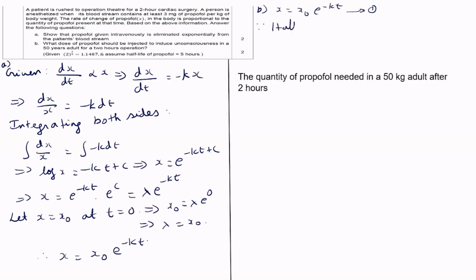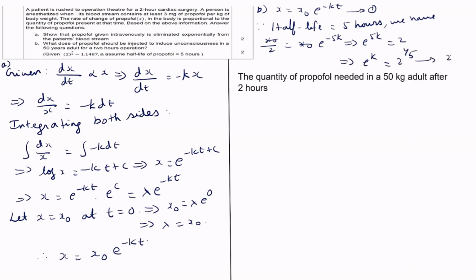Since half-life is equal to 5 hours, we have x naught by 2 equal to x naught into e raised to minus 5k. So from this we have e raised to 5k equal to 2, or e raised to k equal to 2 raised to 1 by 5. Let us mark this as 2 and keep.